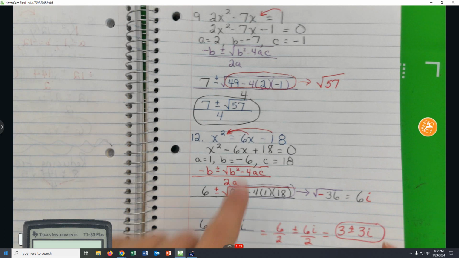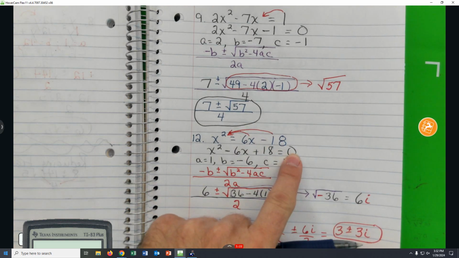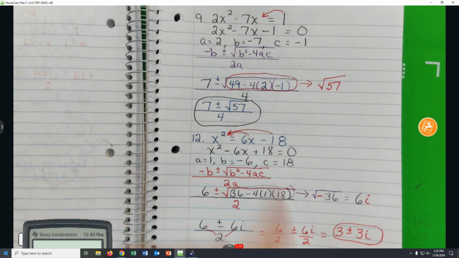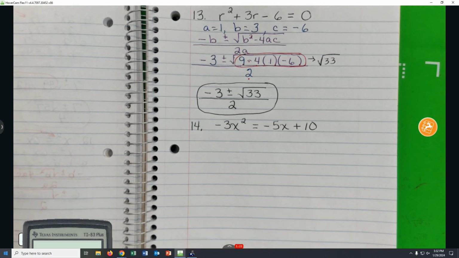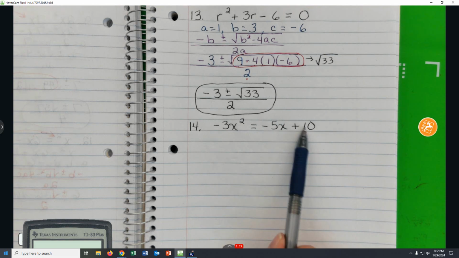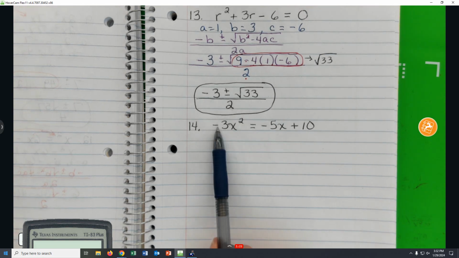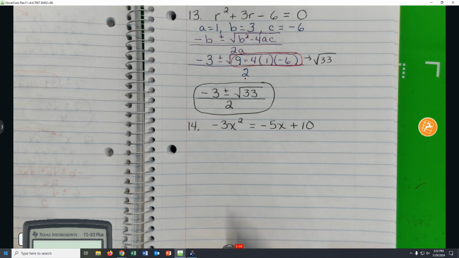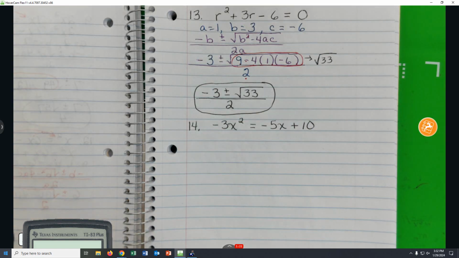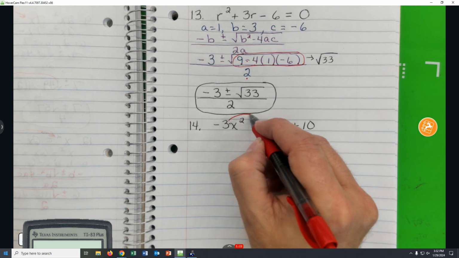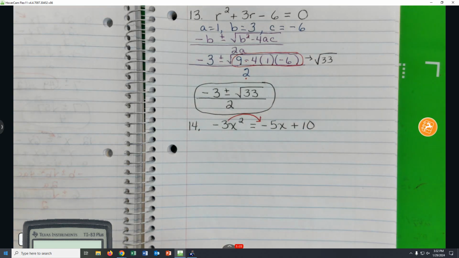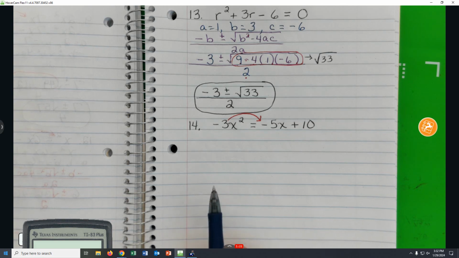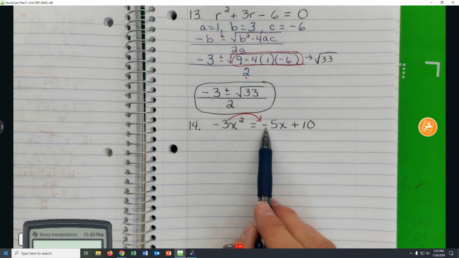Number 12, I put the 0 on the right by moving these things over. That's not what I'm going to do here on number 14. If I move the 5x and the 10 over, I'd have a negative A. Don't want that. So using my little marks right there, what do I need to do to get this in standard form? Add the 3x squared.